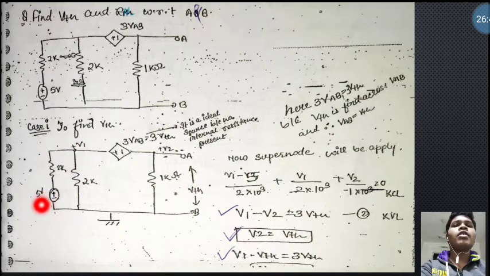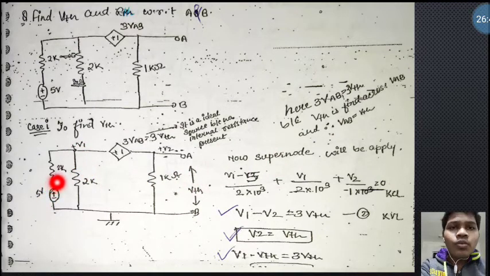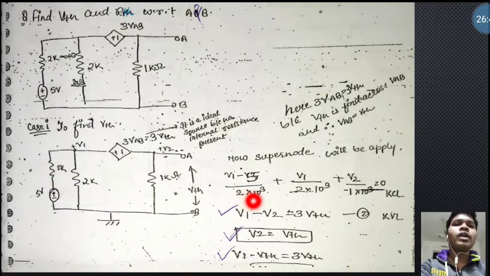So (V1 minus 5) divided by 2k, that is 2 into 10 to the power 3, plus V1 divided by 2k, that is 2 into 10 to the power 3, plus V2 divided by 1 into 10 to the power 3, is equal to 0. After here, see, the unknown quantities are V1 and V2, and VTH is also an unknown quantity.